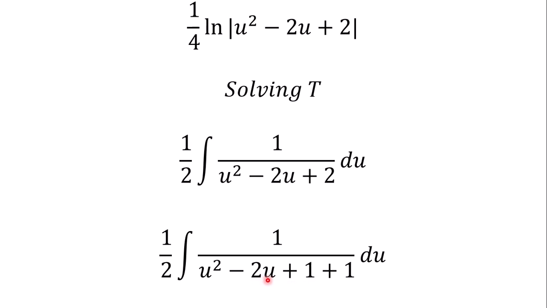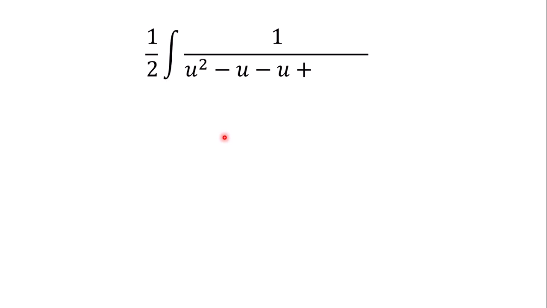This 2u can be written as minus u minus u. I'm going to bracket this, and also this and this.